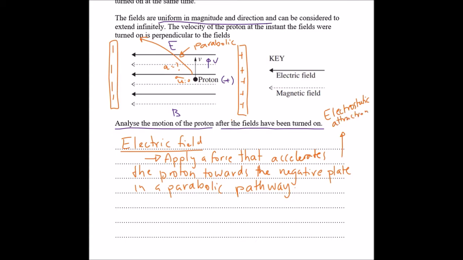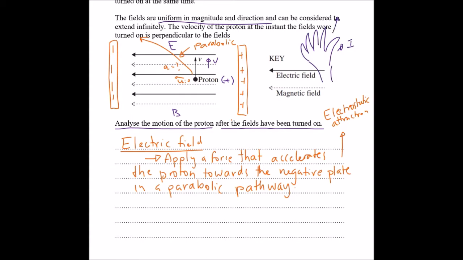The next bit we're going to cover is now the magnetic field. Now, charged particles in magnetic fields work slightly different from charged particles in electric fields. Firstly, let's try and work this out using the right-hand palm rule. Using the right-hand palm rule, we know that the positive charge direction is your thumb.